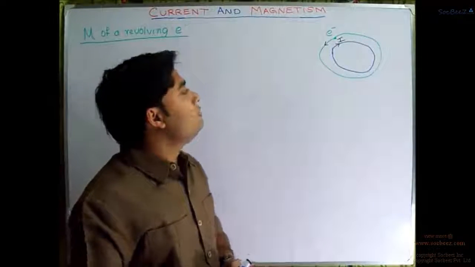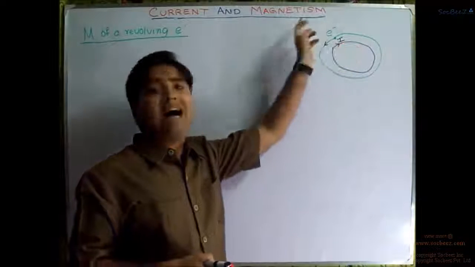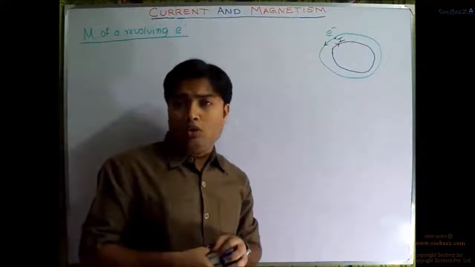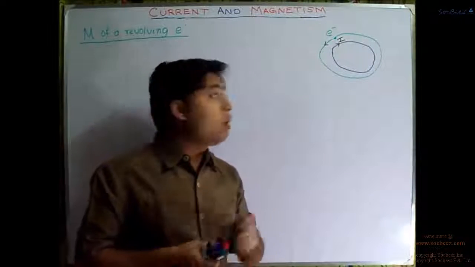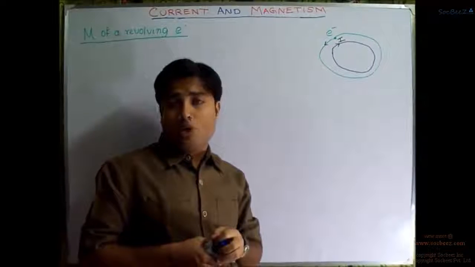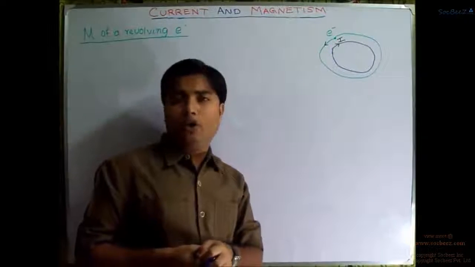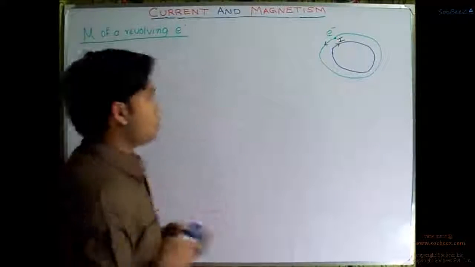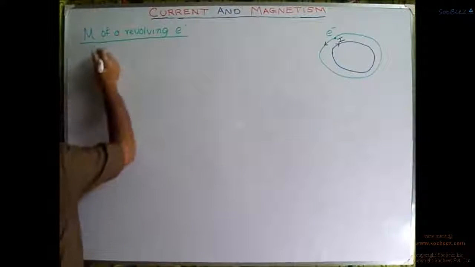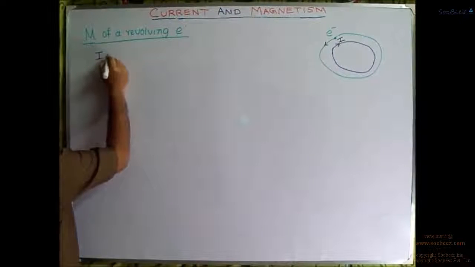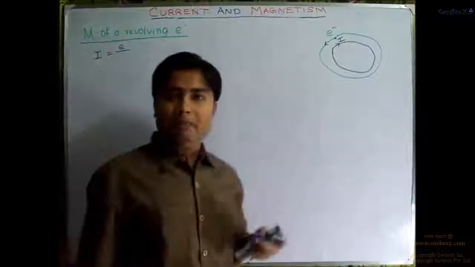Now over here, if we wish to establish a relation between I and E, we know that I is equal to the rate of flow of charge. Over here, the charge is an electron, and obviously only one electron. So we can write that I is equal to E divided by the time.